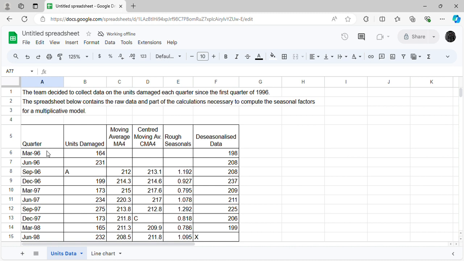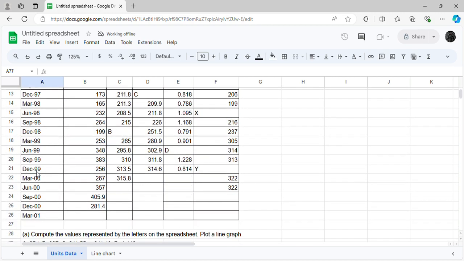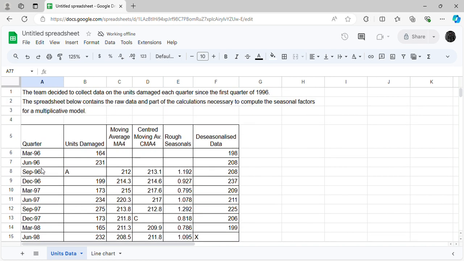So we have the first column showing the quarters, March, June, September, December for the years 1996, 1997, 1998, 1999, and the first quarter of 2000. The units damaged are given.